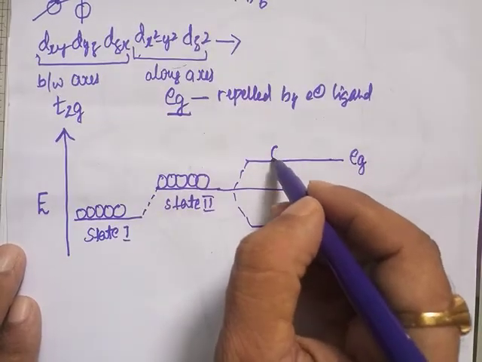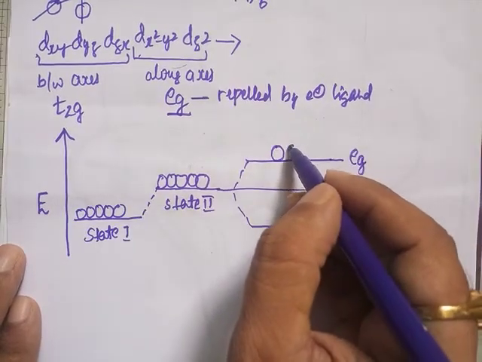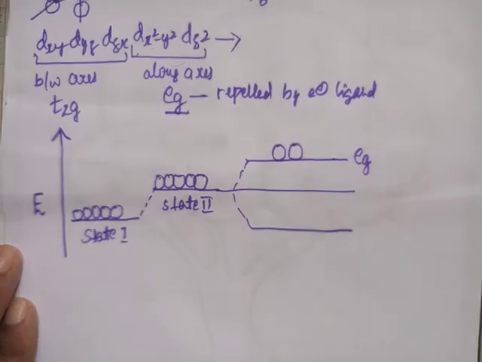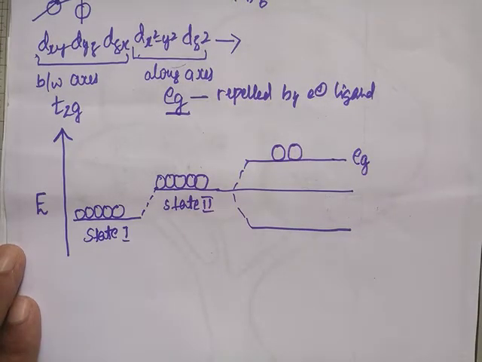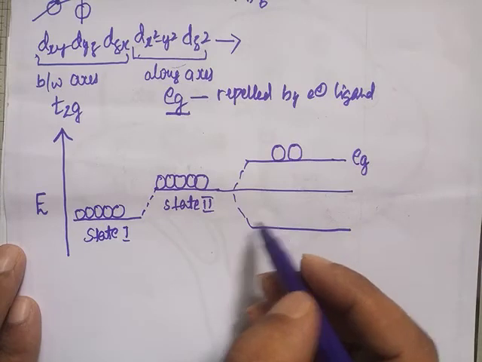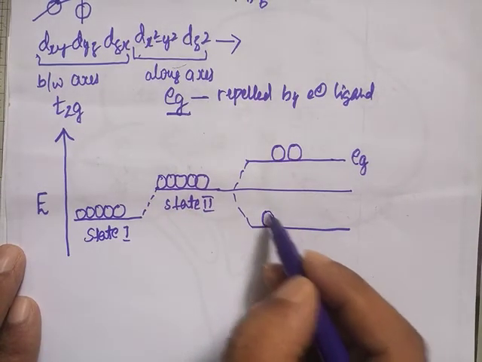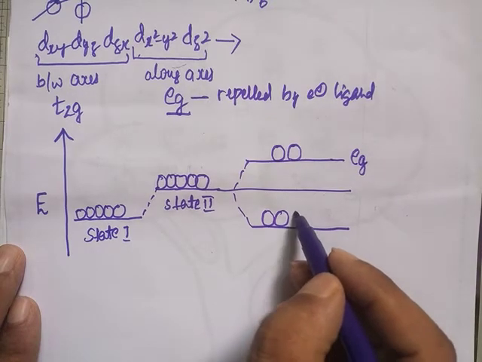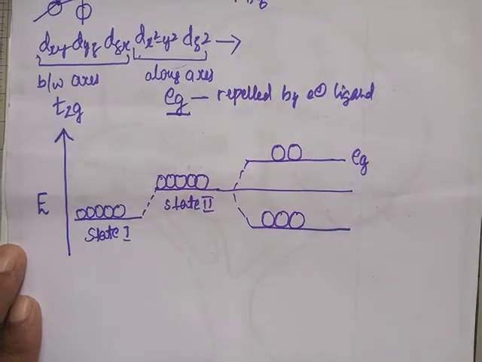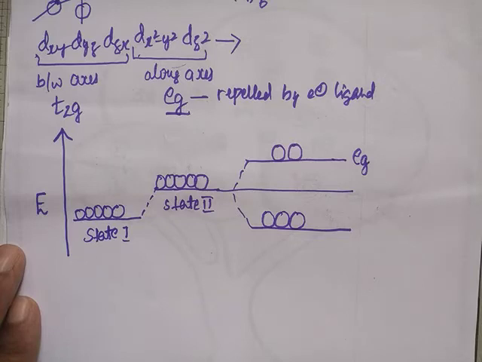So this is the dx square minus y square and this is the dz square orbital. The remaining three orbitals possess lower energy than the hypothetical degeneracy.